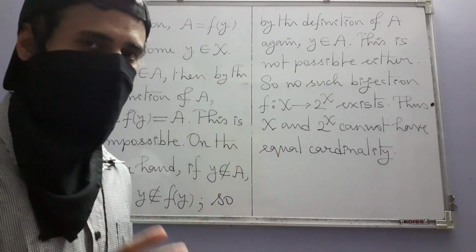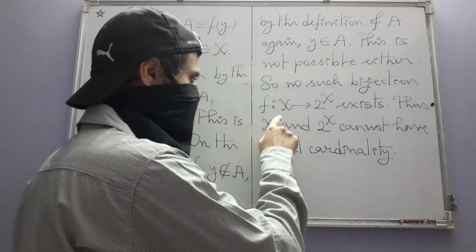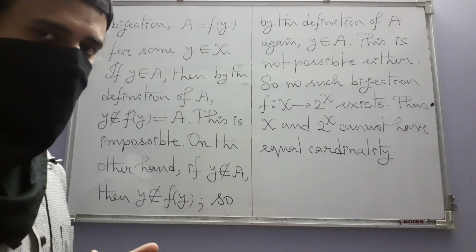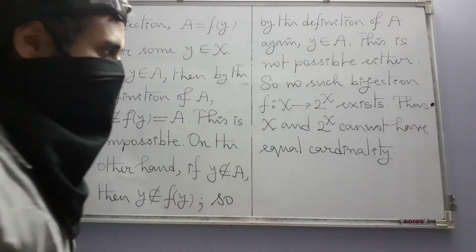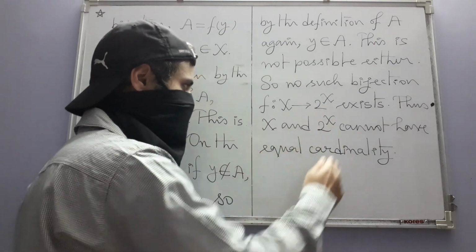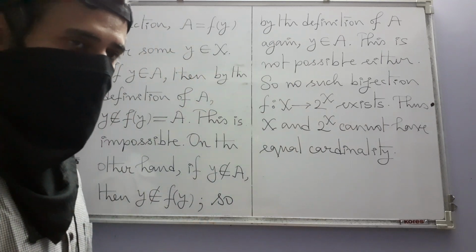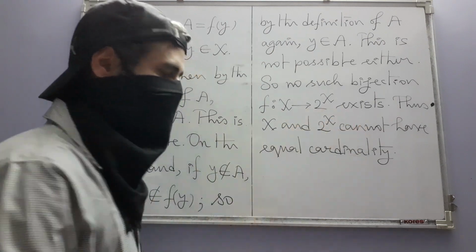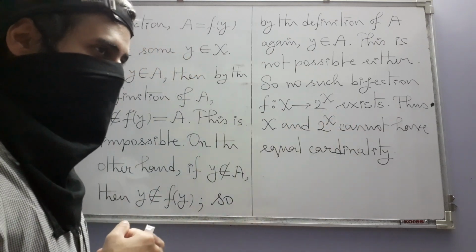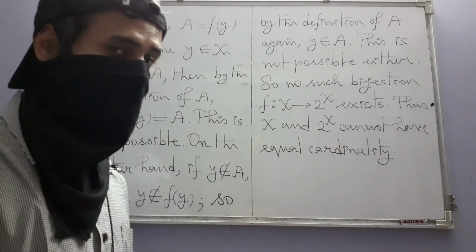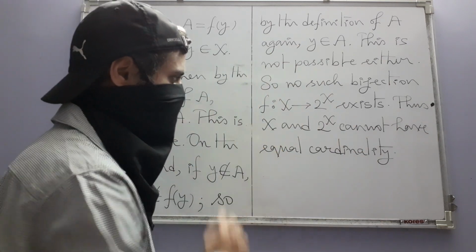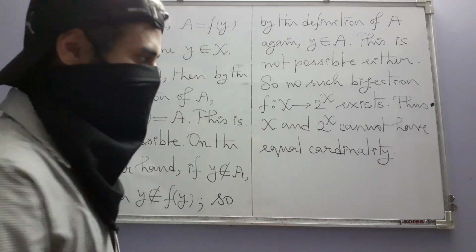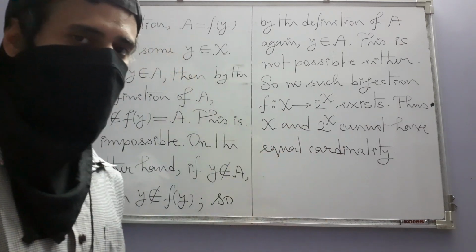If you look at a few examples, you will see that as x increases in size, in cardinality, being finite, it can be quite large. 2 to the power x, or rather I should perhaps say the power set of x, is even more, much larger than x, and this gap between their sizes increases drastically as the size of x increases.